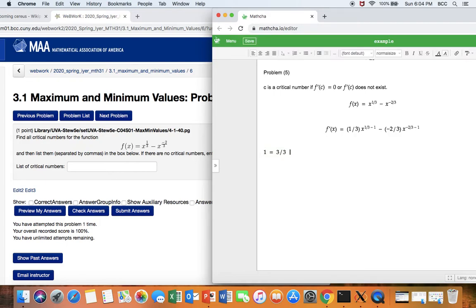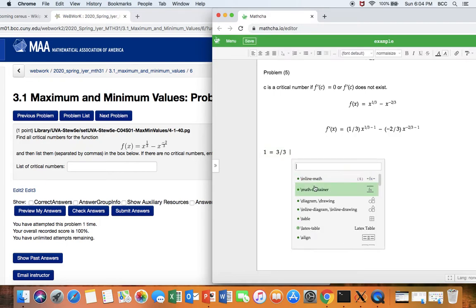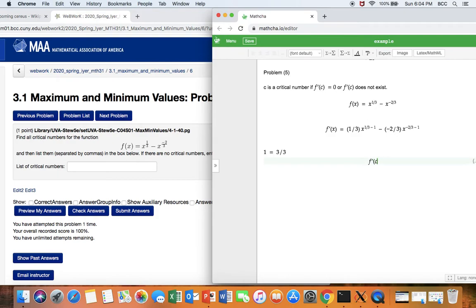So that tells me f prime equals 1/3 x to the power 1/3 minus 3/3, which is negative 2/3, minus times minus is plus, 2/3 x to the negative 2/3 minus 1, that is negative 2/3 minus 3/3, right? 1 is 3/3.